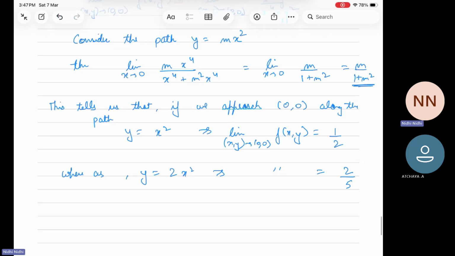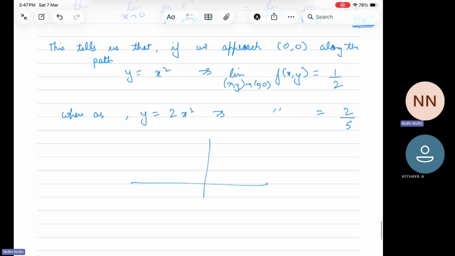So basically, if I'm approaching origin via the points lying on y equals to x square, then in that case, the limit is coming out to be 1 by 2. And if I approach it via y equals to 2x square, in that case, the limit is turning out to be 2 by 5. That means the limit is not unique, which gives us a contradiction because limit should always be unique.